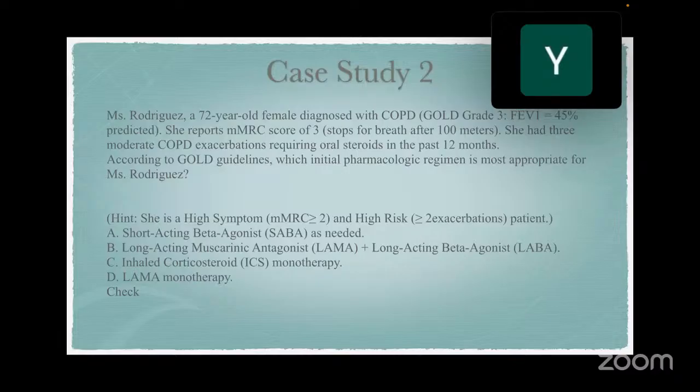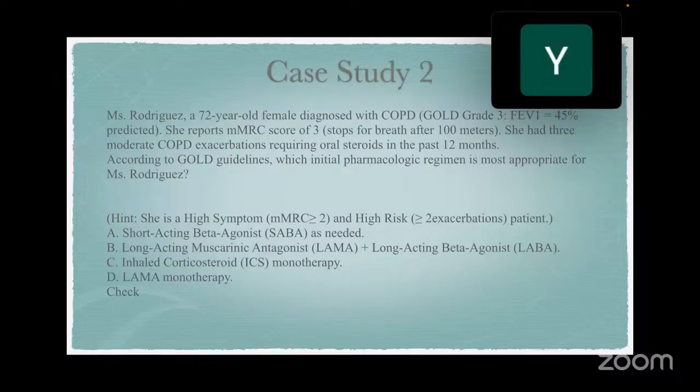Okay, 72-year-old female diagnosed with COPD, GOLD grade 3, and FEV1 equal to 45% of predicted. She reported an MRC score of 3, stopping for breath after 10 meters. She had three moderate COPD exacerbations requiring oral steroids in the past 12 months.